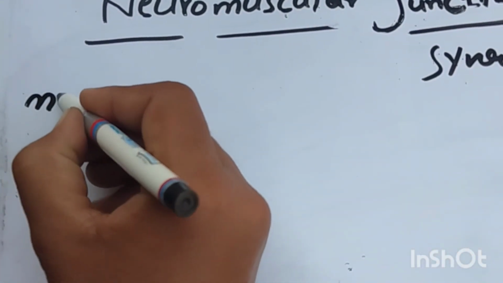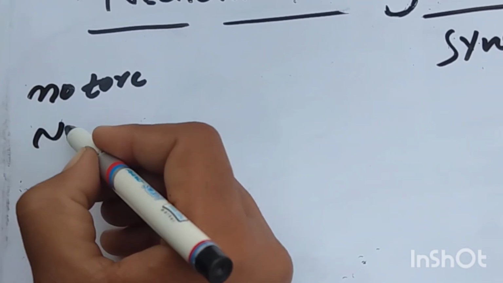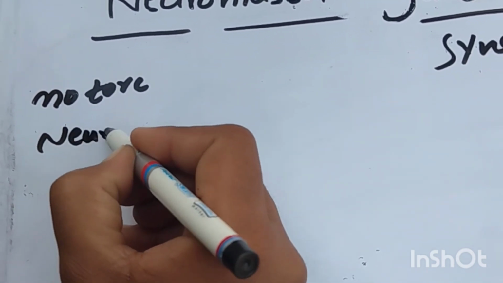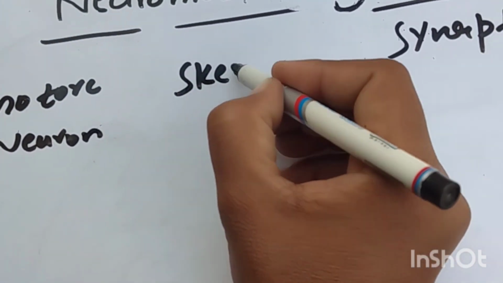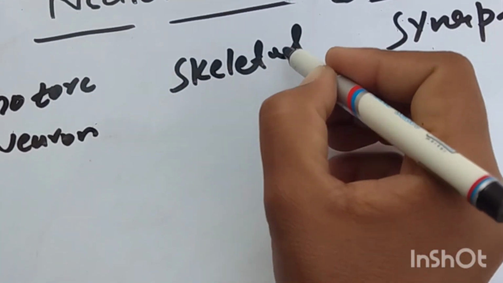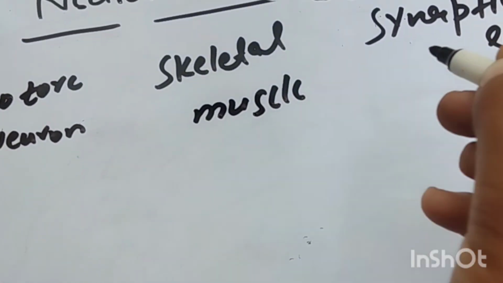Motor neuron. The motor neuron is used in muscle contraction. Muscles, skeletal muscles, contract.